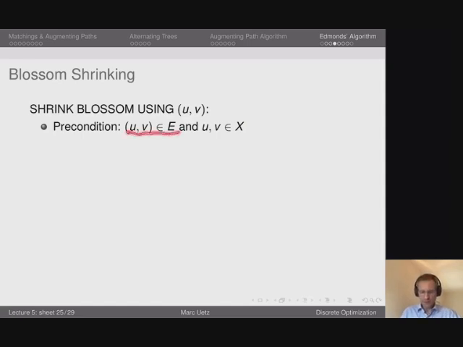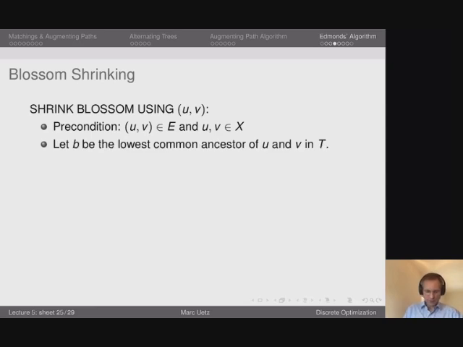Therefore, this edge is closing an odd length cycle. Backtracking towards the root, we can identify the common ancestor of these two nodes, U and V, and thereby identify the whole flower, so the blossom and also the stem.